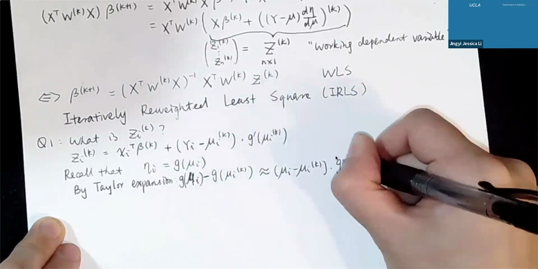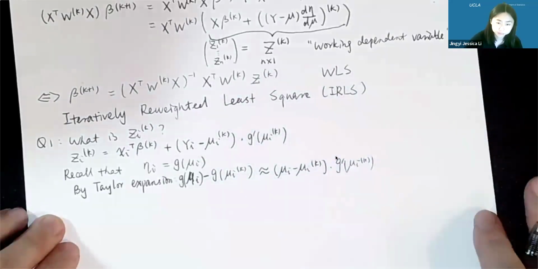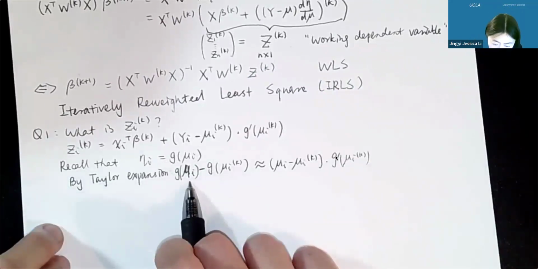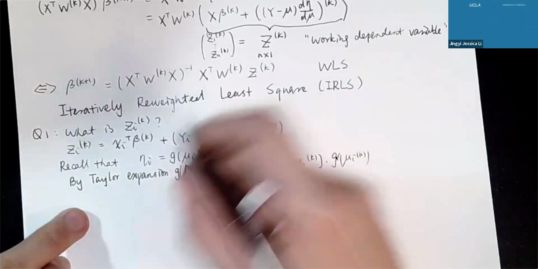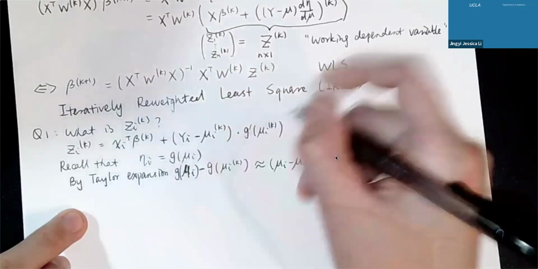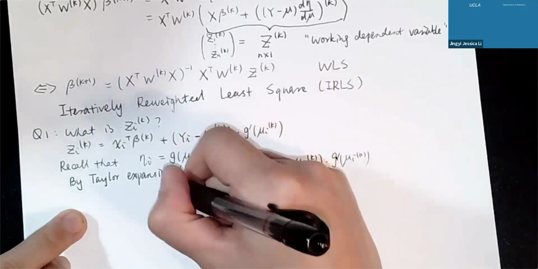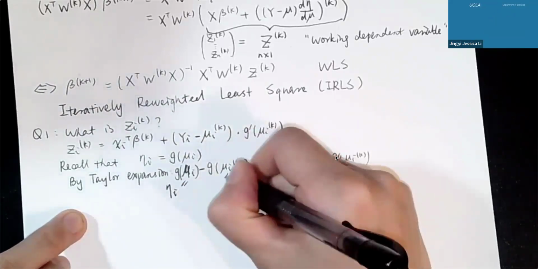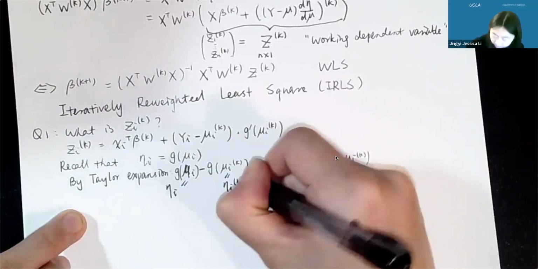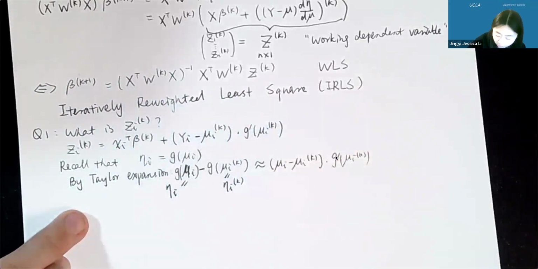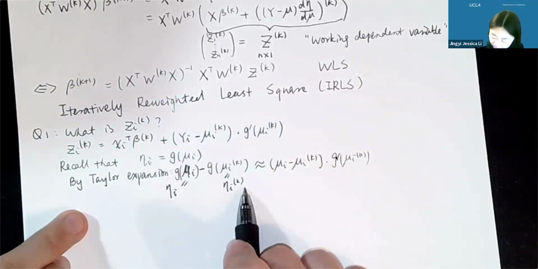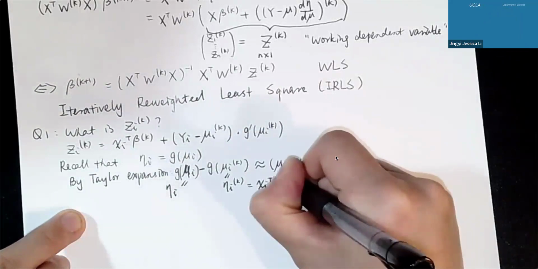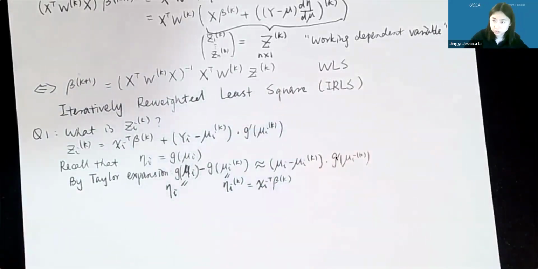We're doing the expansion around mu_i^k. And then the left-hand side is just eta_i, right? Eta_i is g(mu_i). And this is eta_i^k. And furthermore, don't forget that eta_i^k is x_i transpose beta^k, because eta_i is the linear predictor.